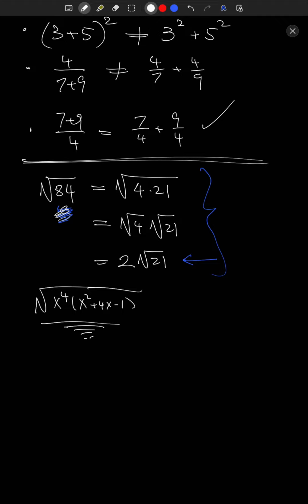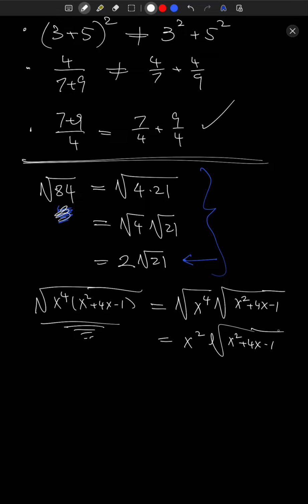If you're very comfortable pulling out this 2 here, then it'll make you a lot more comfortable pulling out an x squared from this expression. Let me do this in 2 steps: this is square root x to the 4th, x squared plus 4x minus 1, and so this is x squared times the square root of x squared plus 4x minus 1.